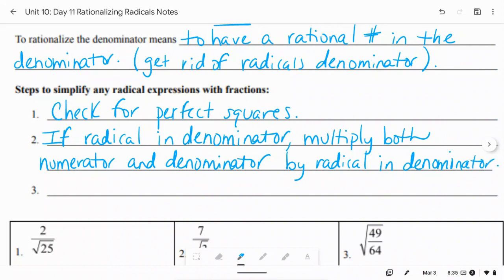And that's how we're going to eliminate any radicals that are still left in the denominator. And then once you do that, step 3, you're going to look to make sure that you simplify completely. Sometimes you can continue to simplify even more.